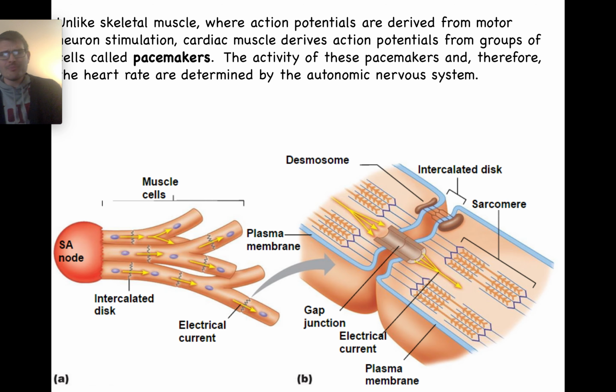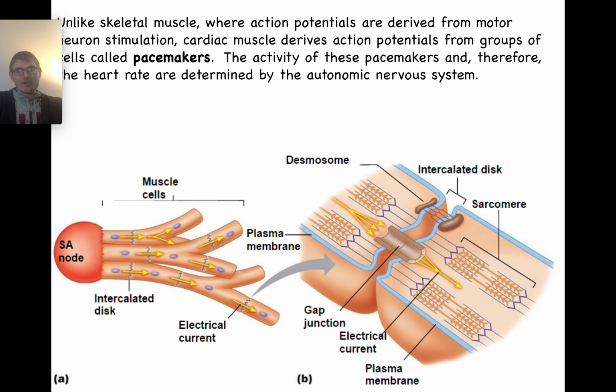Another big difference between skeletal and cardiac muscle is where do we get our stimulation? Where do we get our action potentials? Skeletal muscle, being voluntarily contracted tissue, gets its stimulation from somatic motor neurons. We've already had a discussion about how skeletal muscle will not contract unless a somatic motor neuron tells it to, right?